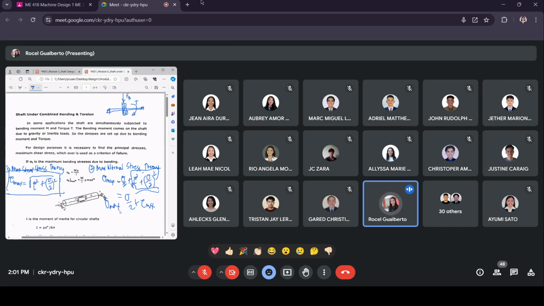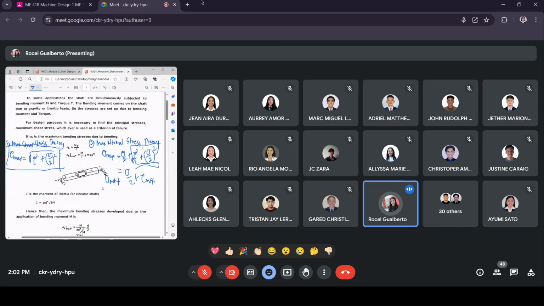So the two will be used whenever you have combined loadings. You use this in the form of tau, and you can also use it in terms of sigma. These are the equations for tau max and sigma max.